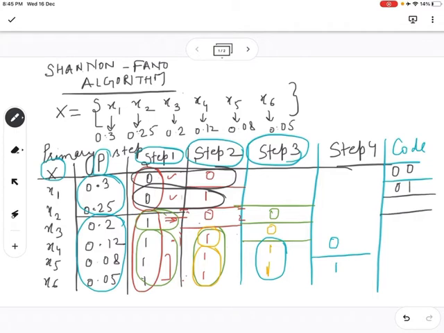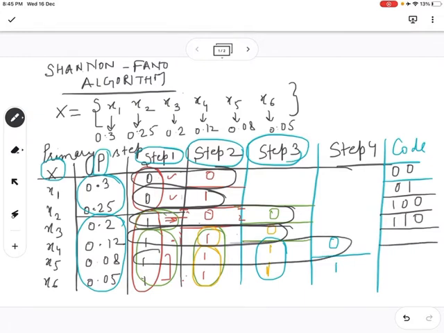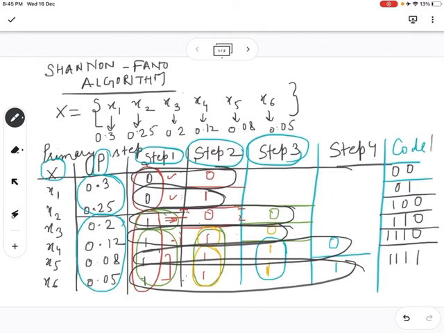For x3 the code is 1 0 0. For x4 the code is 1 1 0. For x5 the code is 1 1 1 0. For x6 the code is 1 1 1 1. This is the code.